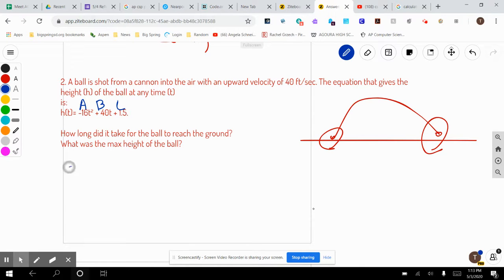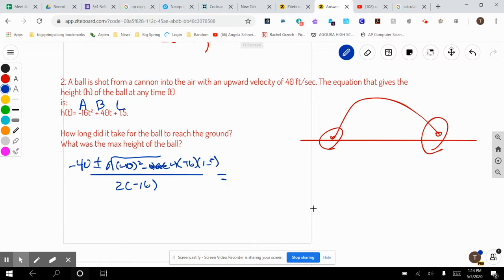So it's negative b, right, plus or minus the square root of b squared minus 4a, oops, I should plug those in, minus 4 times negative 16 times 1.5 all over 2 times negative 16.